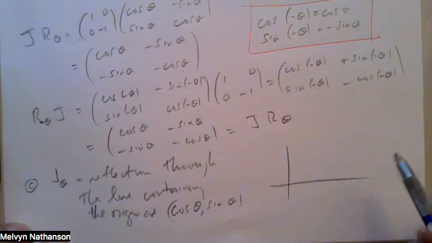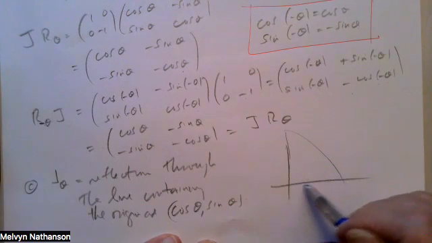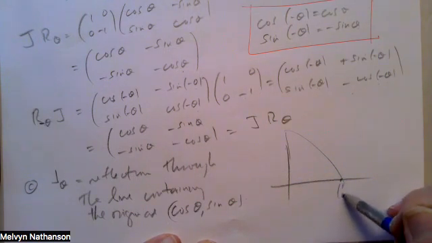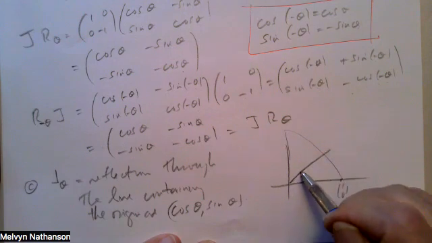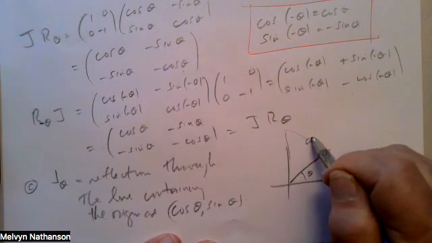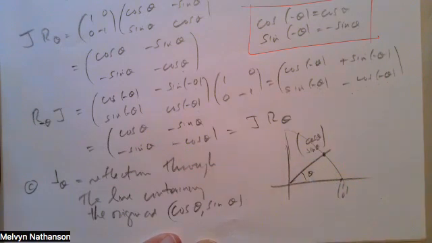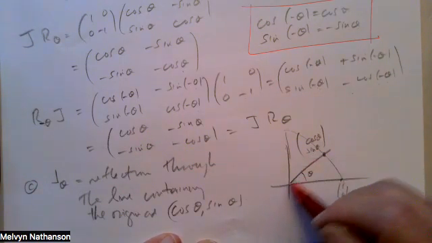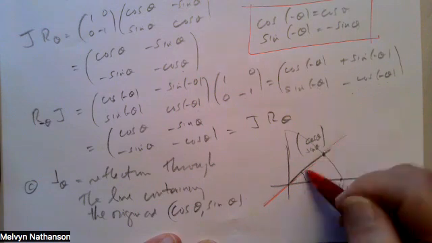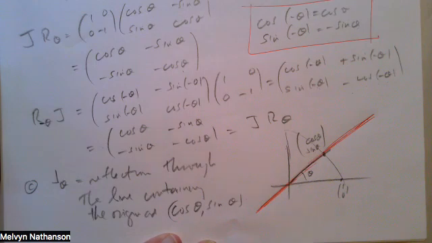So you remember from pre-calculus, for example, if you take the unit vector and rotate it by an angle theta, this point has coordinates cosine theta, sine theta. And we're looking at the line going through the origin and this point. And we want to consider reflection through this line.